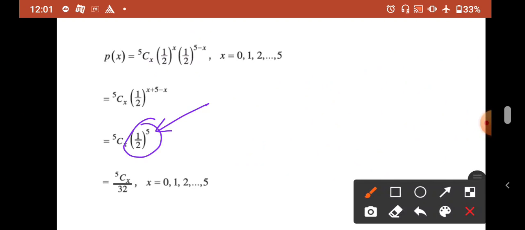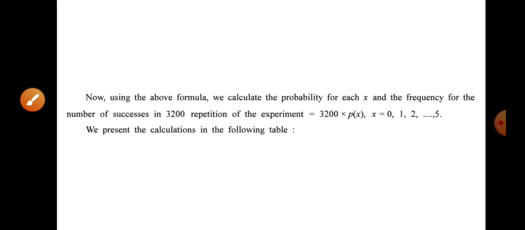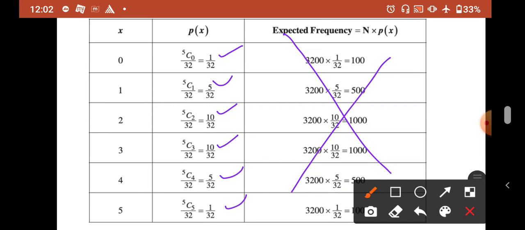What we need to check is just 5cx, meaning 5c0, 5c1, which is 5, and so on. See, 5c0 gives 1 by 32, 5c1 gives 5 by 32, then 10 by 32, 10 by 32, 5 by 32 and 1 by 32.